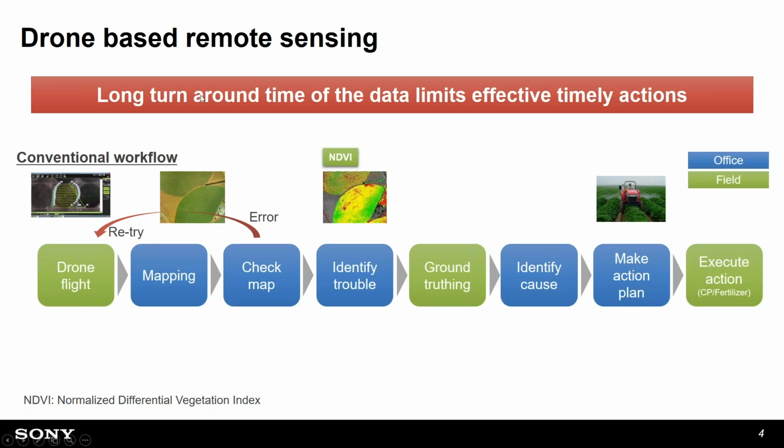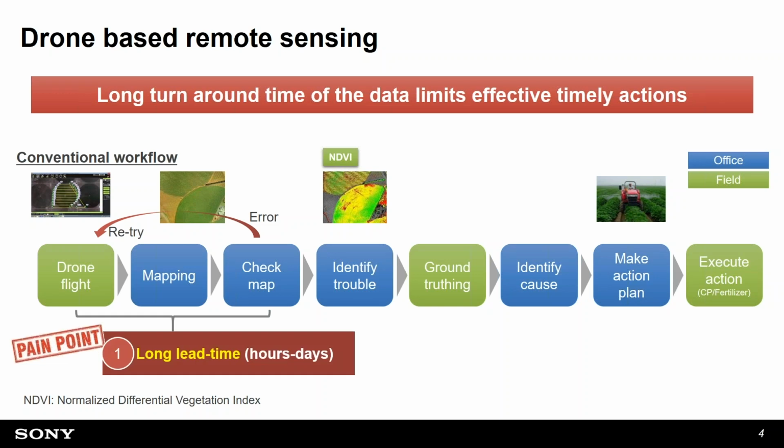This illustrates typical drone remote sensing operations. You fly the drone and make the map, and you identify the problematic areas using the generated map. When needed, you go to the site to identify the cause, and based on the cause of the problem, you make action plans and implement the actions.